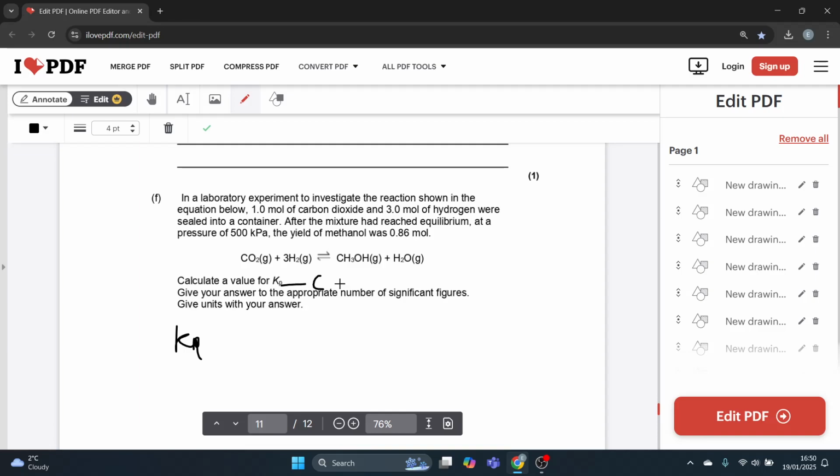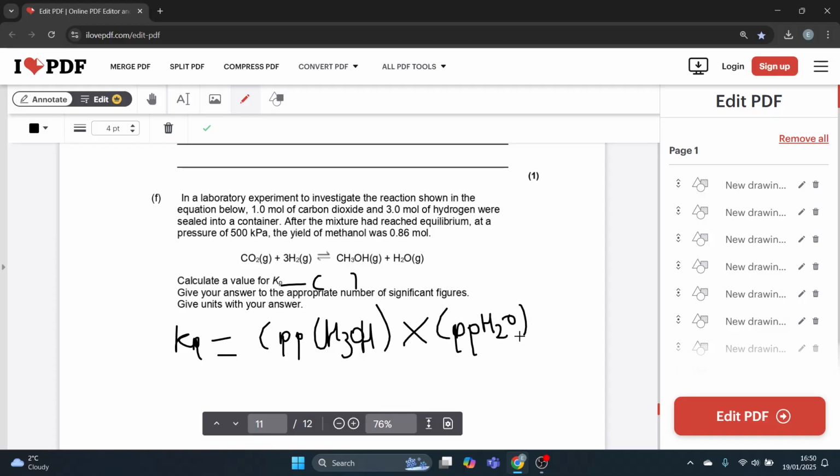So remember Kp is the partial pressure of methanol, products over reactants, divided by partial pressure of carbon dioxide times by partial pressure of hydrogen. But remember, there's 3 moles of hydrogen, therefore it's going to be cubed, if you can see that.